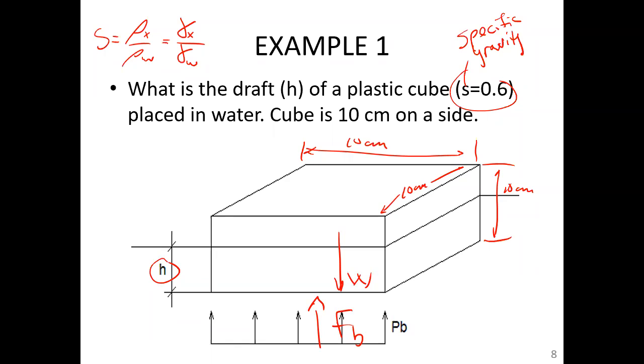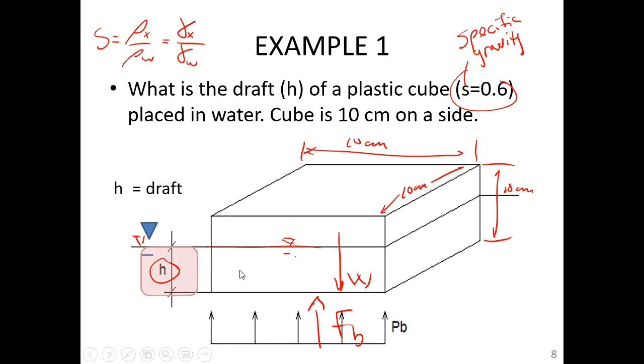The buoyant force is equal to the specific weight of the fluid, in this case water, times the volume displaced. The volume displaced is not the entire volume of the cube, it's just the volume of the cube below the water line. So again, if you hadn't figured it out, this is the water line, and the depth of submergence, H, or draft, as it's also known.